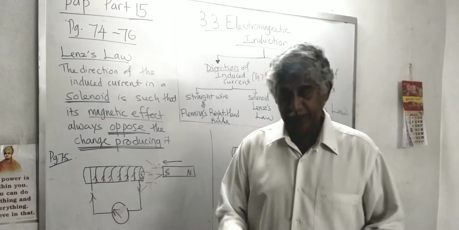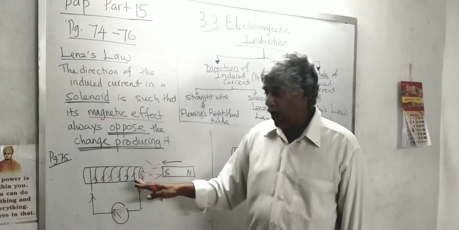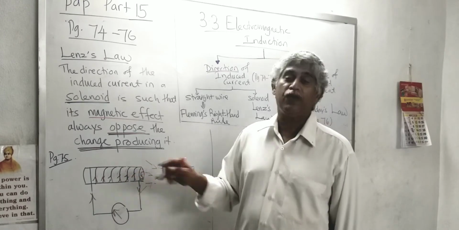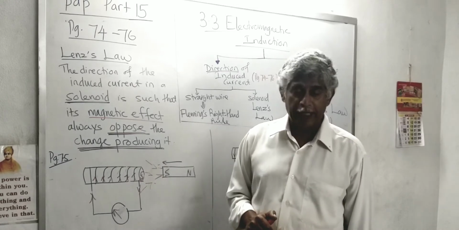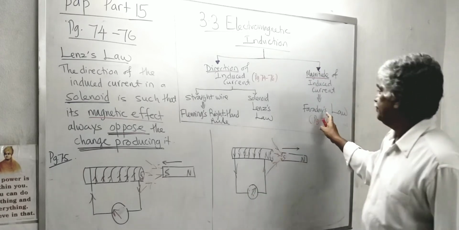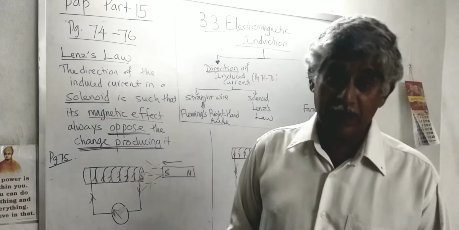Okay, so let's see the second part. The currents are induced. How strong is the current going to be? The magnitude of current is explained by Faraday law. It's on page 76. So what does the Faraday law say?